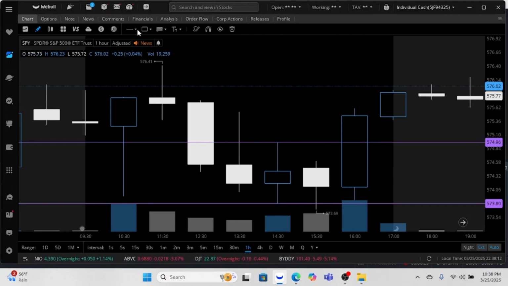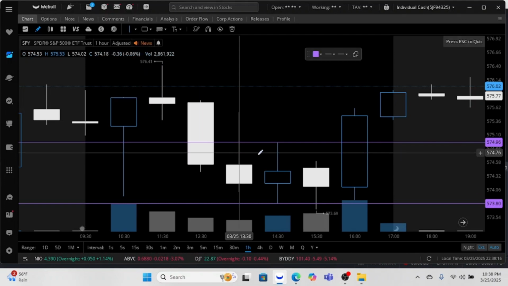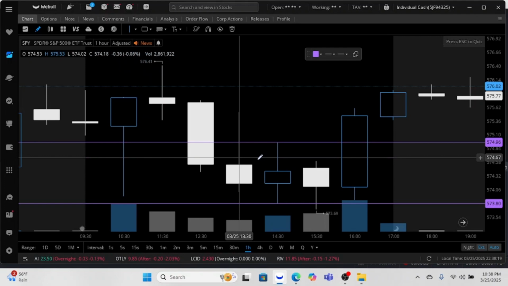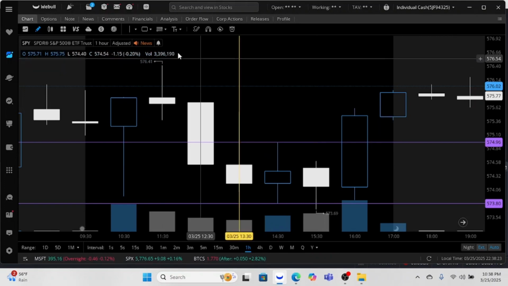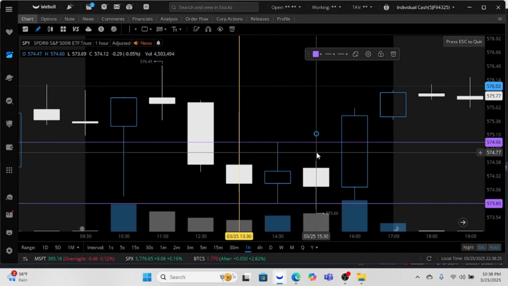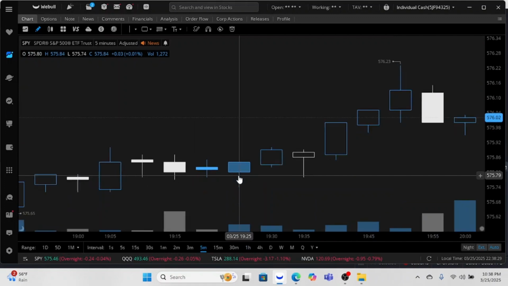And now let me put a vertical line between these, just to drop down into a lower time frame, just so you can see what it looks like on the lower time frame chart. Drop down to a 5 minute.